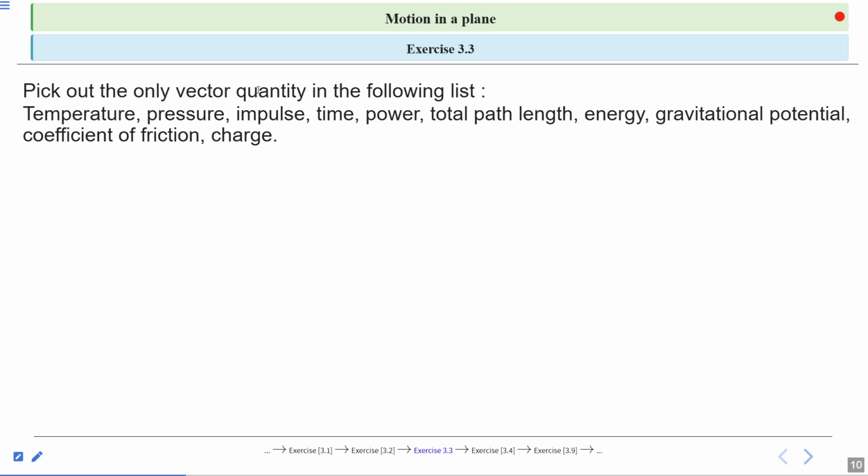Pick out the only vector quantity in the following list: temperature, pressure, impulse, time, power, total path length, energy, gravitational potential, coefficient of friction, and charge. Think about it.